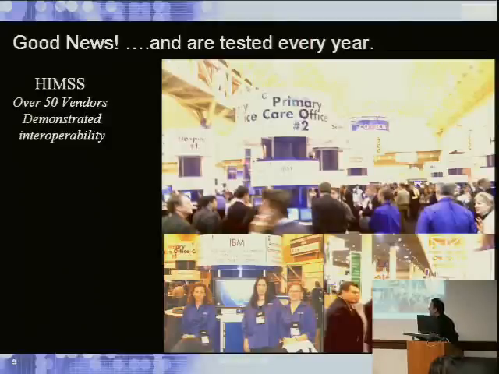And the prize, if you can pass the Connectathon, is you get to go to HIMSS. And HIMSS is the largest marketing event in healthcare in the world. There were about 30,000 people that attended this event in San Diego in 2007. And you can see pictured here at the Interoperability Showcase many of the big vendors in healthcare, each playing different roles.